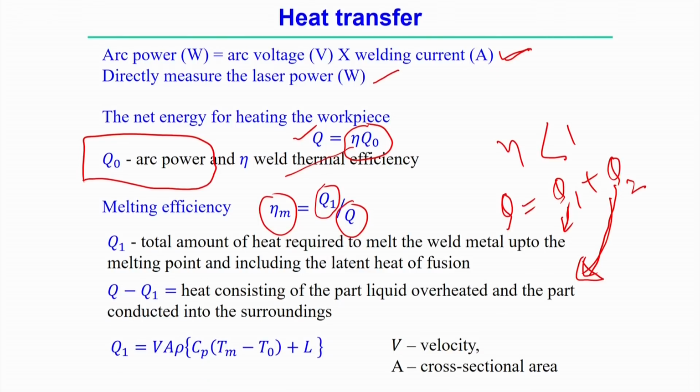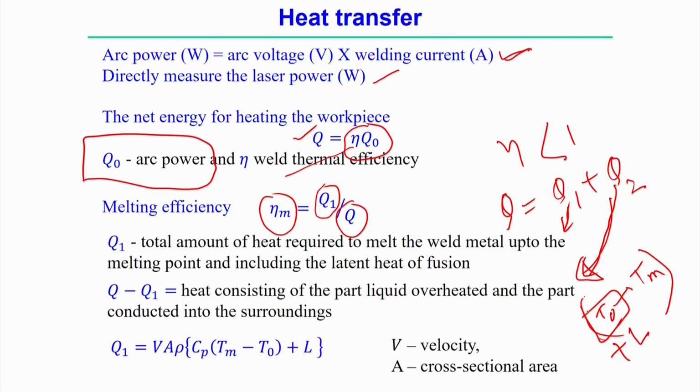We can estimate Q1 in another way. Suppose the initial temperature of the material was T0 and it is raised to the melting temperature Tm by the application of energy from the arc or laser. So, to increase the temperature from T0 to Tm, plus to change the phase, the latent heat.